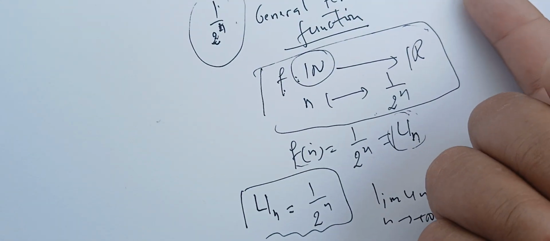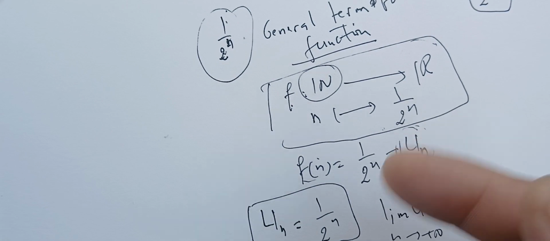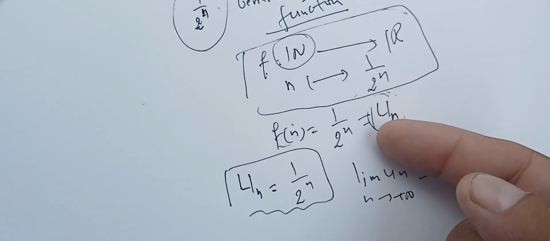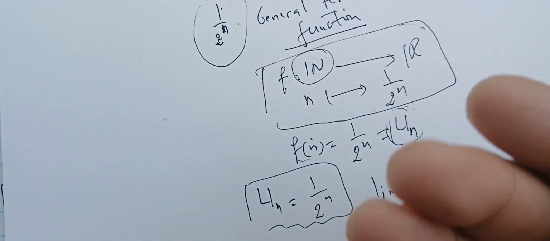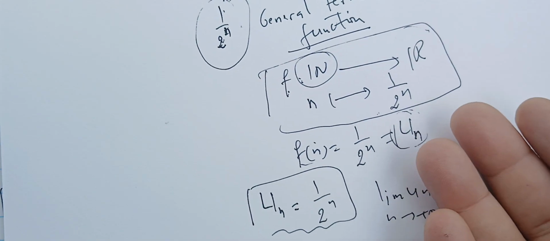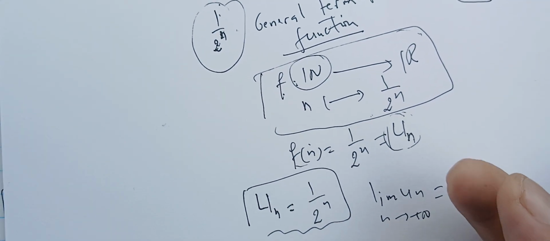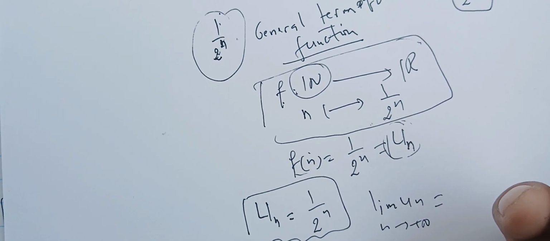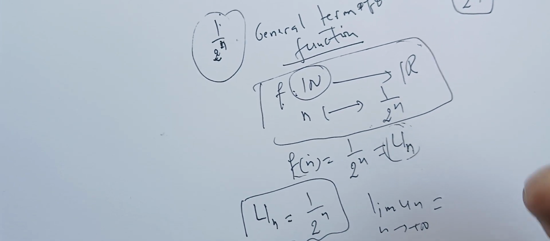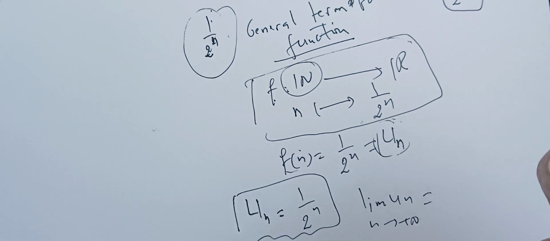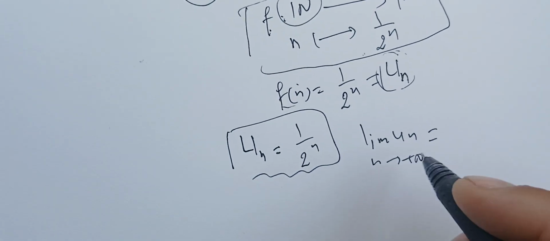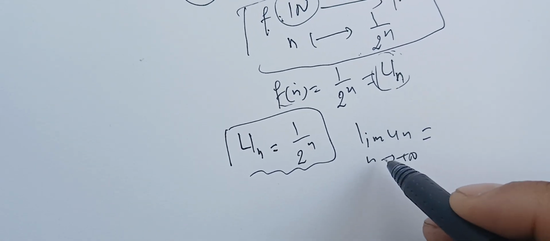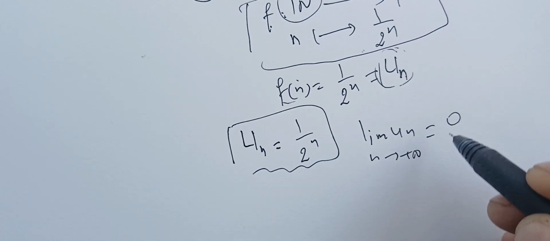A piece of bread that you eat half of every day, over and over again. Assume 1,000,000 days, what's going to be left? It's some tiny piece. You can split it mathematically, and it's close to 0. That's why we say the limit of u sub n when n goes to infinity is 0.